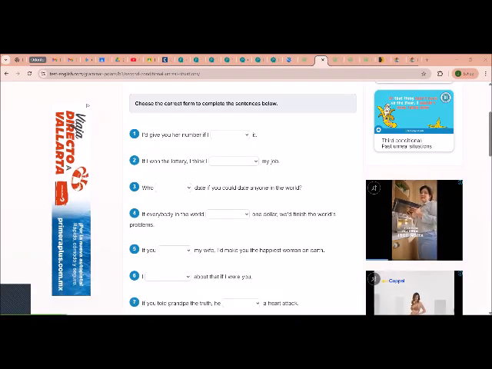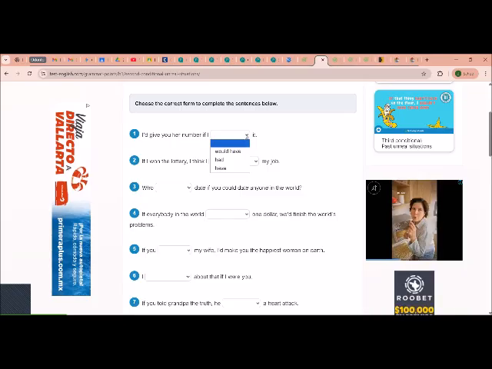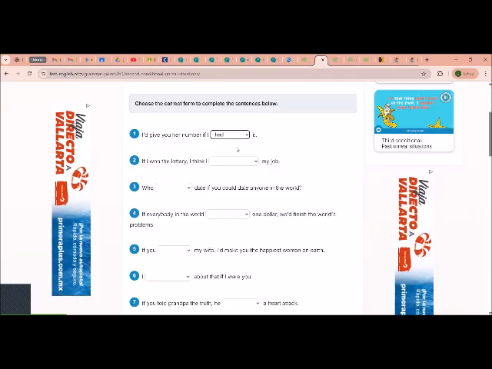Yes, if I give you her number, if I will have it. All right, be careful. I already have would here in my result clause. I would give you if I had it.